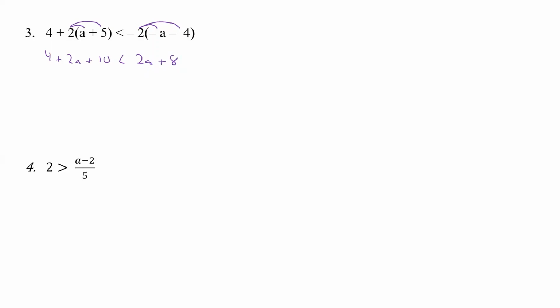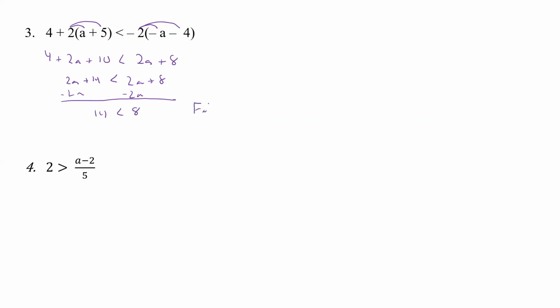All right, so this looks like we have now 4 and 10, so we have 2a plus 14 less than 2a plus 8. Well, let's take the a's to the left, so minus 2a, and now we have 14 less than 8. Well, that doesn't look like that's possible because 14 is greater than 8.